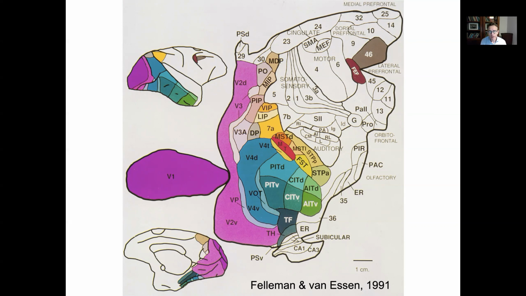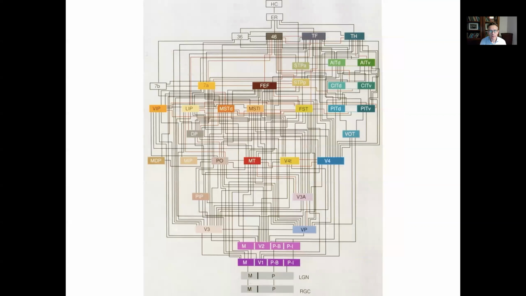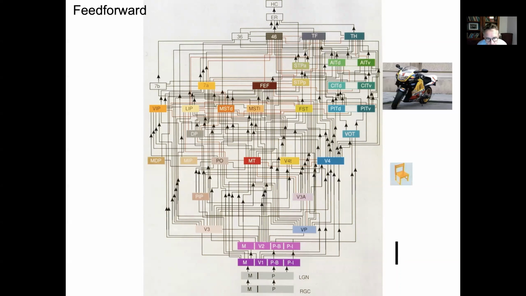And Felleman and Van Essen arranged the areas into a hierarchical scheme that is visible here. So here V1 is at the bottom, so this is retina, LGN, then V1, and then there are feed-forward connections that propagate the information from lower to higher brain areas.